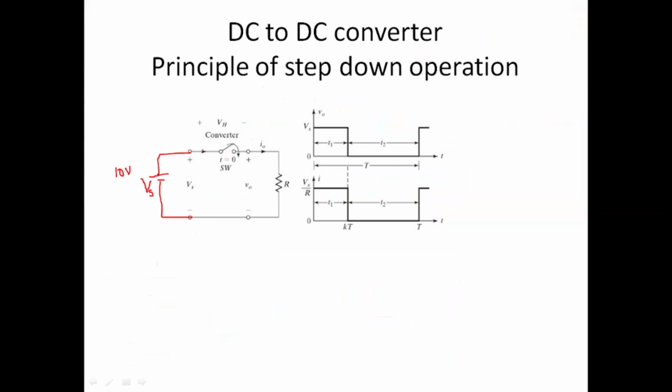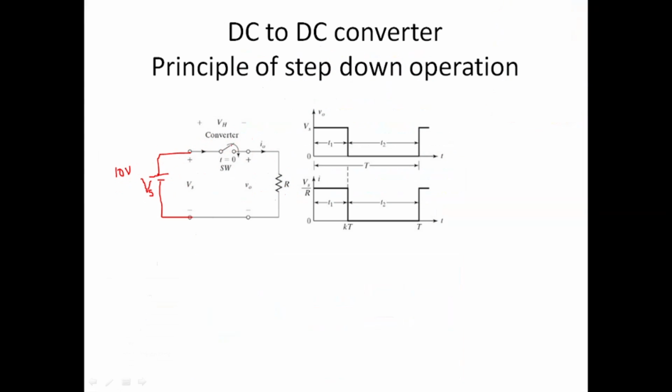Sometimes we close the switch, so that the path will be established between these two points. So current flows in this way. At that time the load is directly connected to the source through this switch.